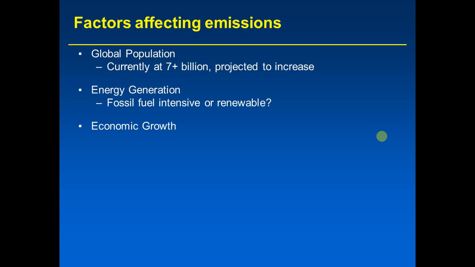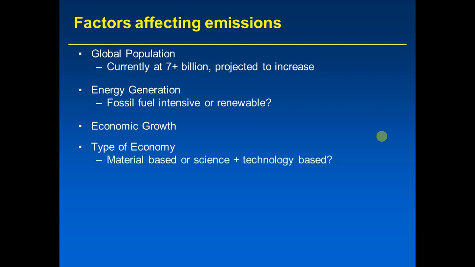Okay, and so one factor we need to look at is type of economy. Is it material based? Okay, is it based on making products, or is it science and technology based? Because there have been examples in recent years that the economy can grow, but without necessarily increasing emissions.